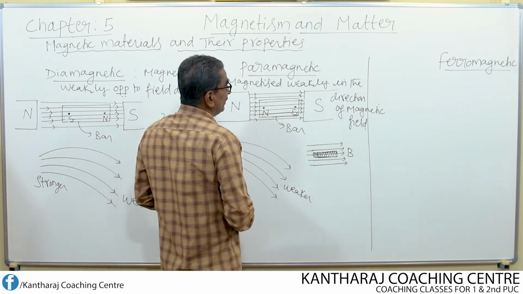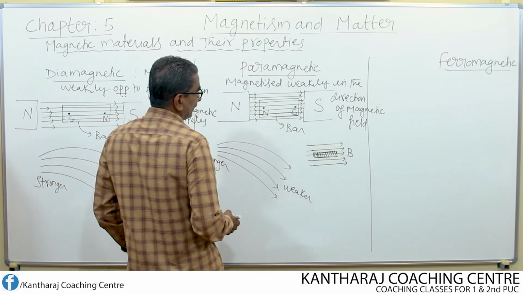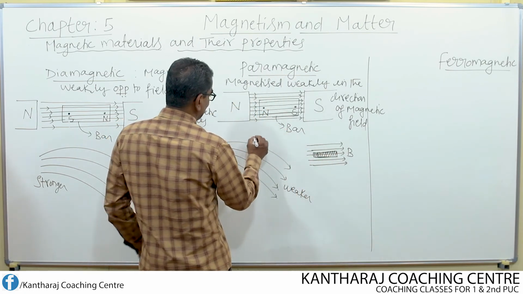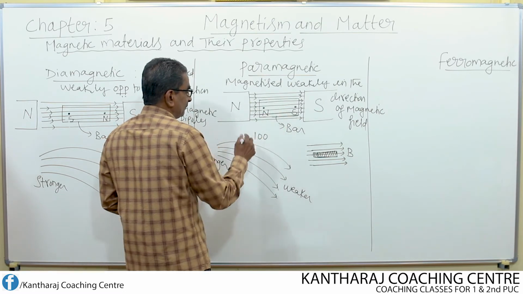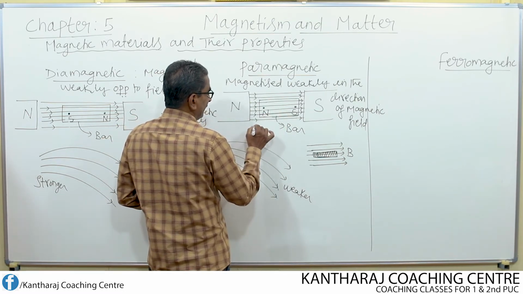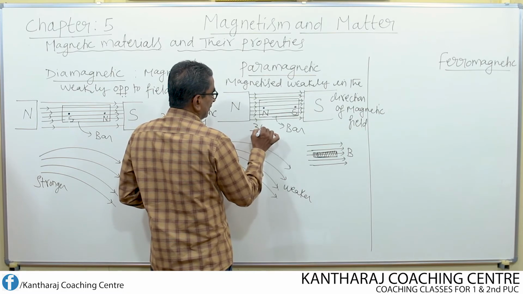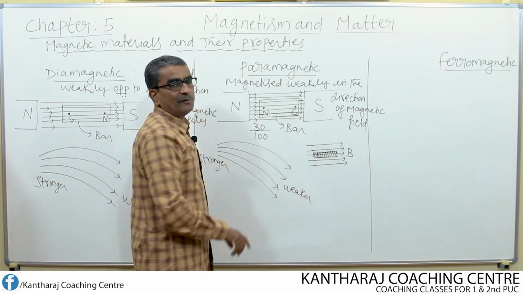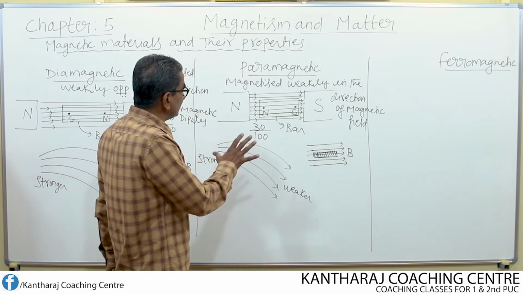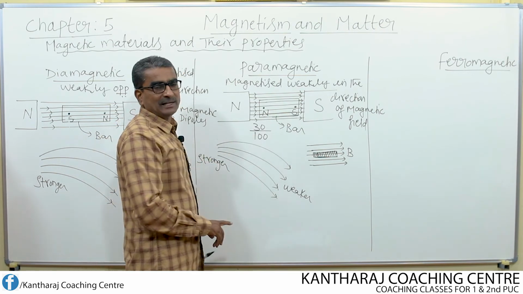Once again weakly means, say for example, if there are 100 magnetic dipoles in this bar, out of 100 maybe around 30 to 40 magnetic dipoles may align in the direction of the magnetic field. So that is the meaning of weakly magnetized.